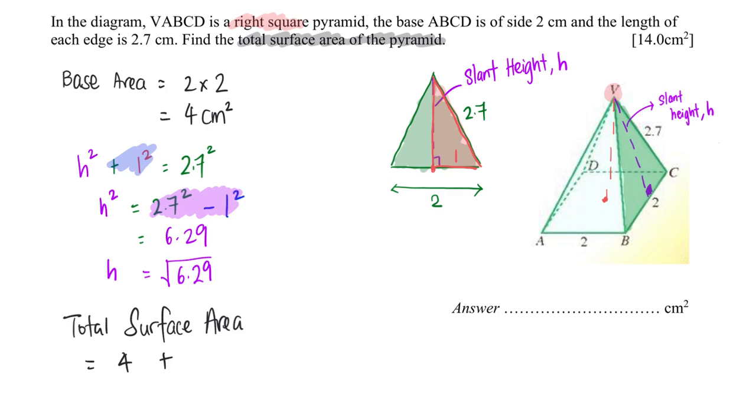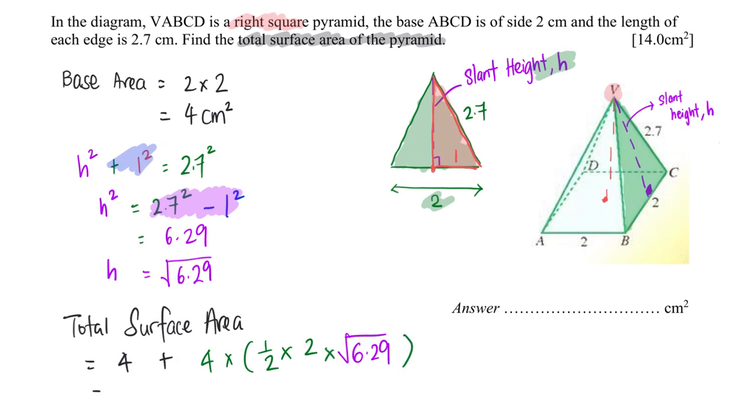And how many triangles do I see? 4. So 4 multiplied by half times base 2. The base is 2. The height is my slant height h, which we have successfully found to be square root of 6.29.